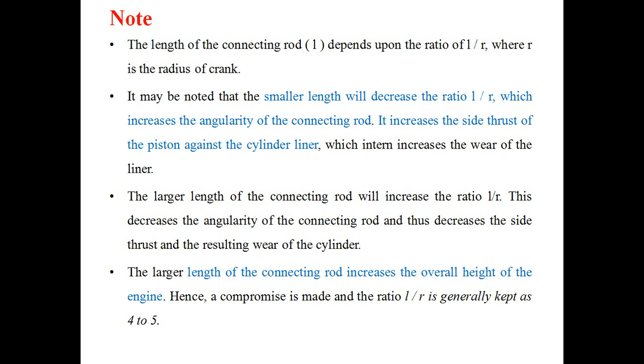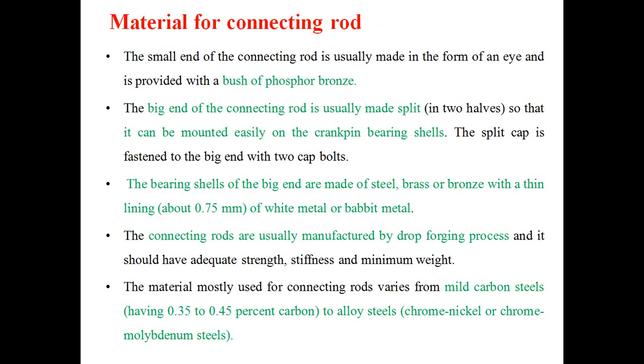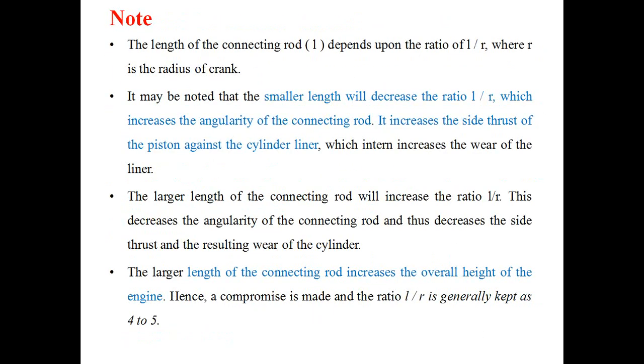It increases the side thrust of the piston against the cylinder liner. It can be easily visualized in the force analysis portion. Later I will discuss in detail why the angularity increases.